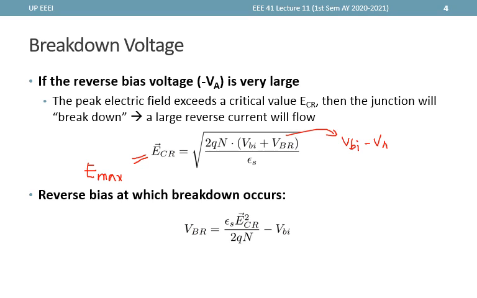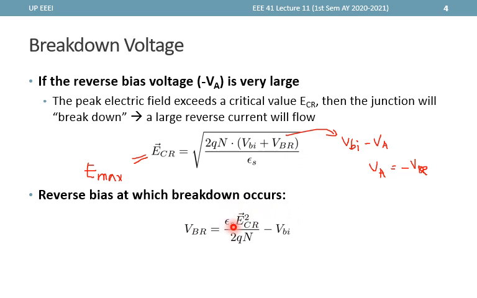However, we are noting that this critical electric field is reached at VA equal to minus VBR, and so we end up with this new, or seemingly new, equation right here. Now if we manipulate the equation and solve for VBR, we'll get this one.